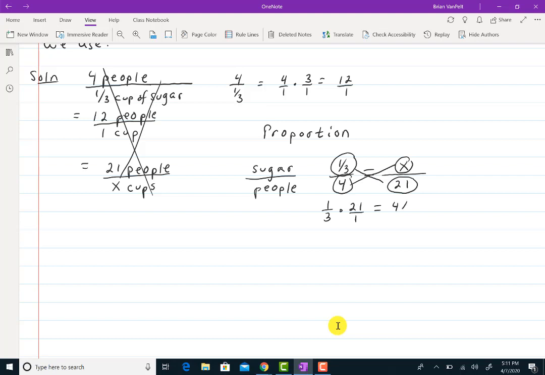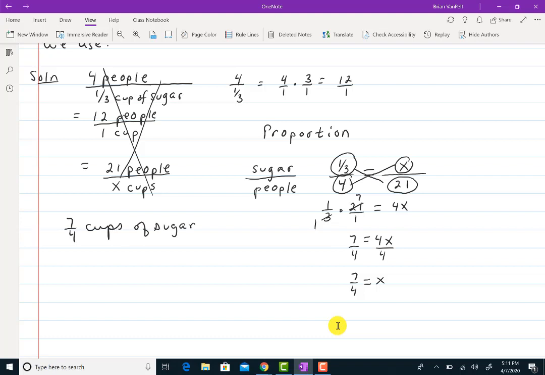That equals 4x. Then let me do a little simplifying here. 3 goes into 21 7 times. So finally, I can finish this off by dividing by 4. So we get 7/4 cups of sugar is the amount of sugar that we want.